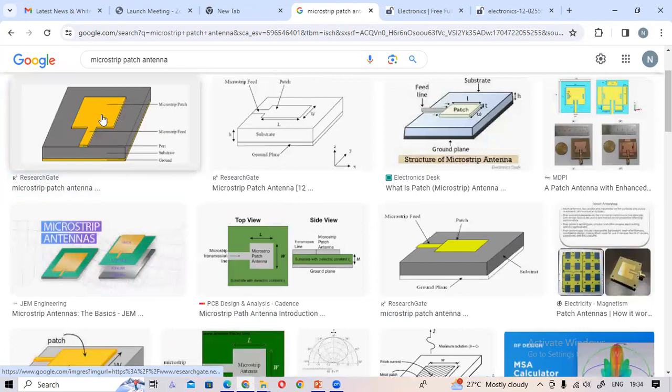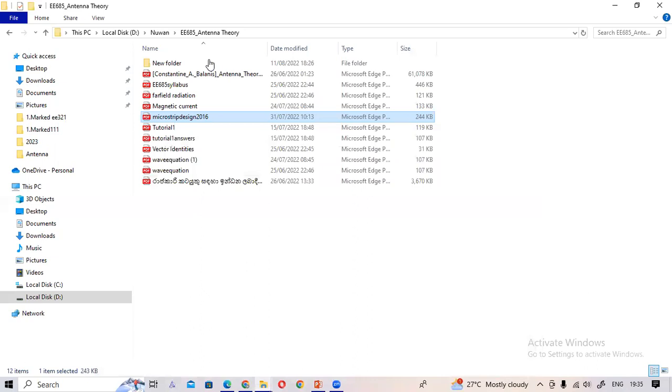That happens in fundamental antennas also, in dipole antenna, in monopole antenna, in infinitesimally small antenna. We derive all the parameters related to the antenna using that current distribution.